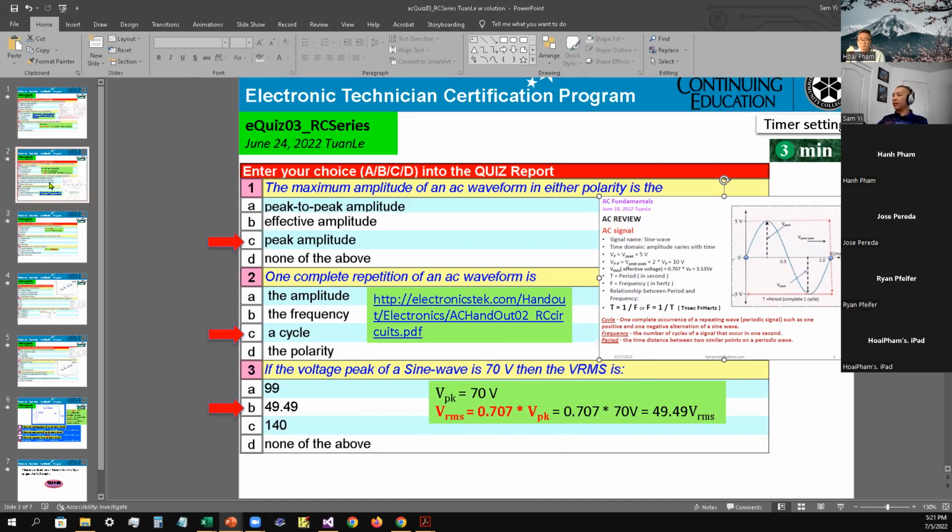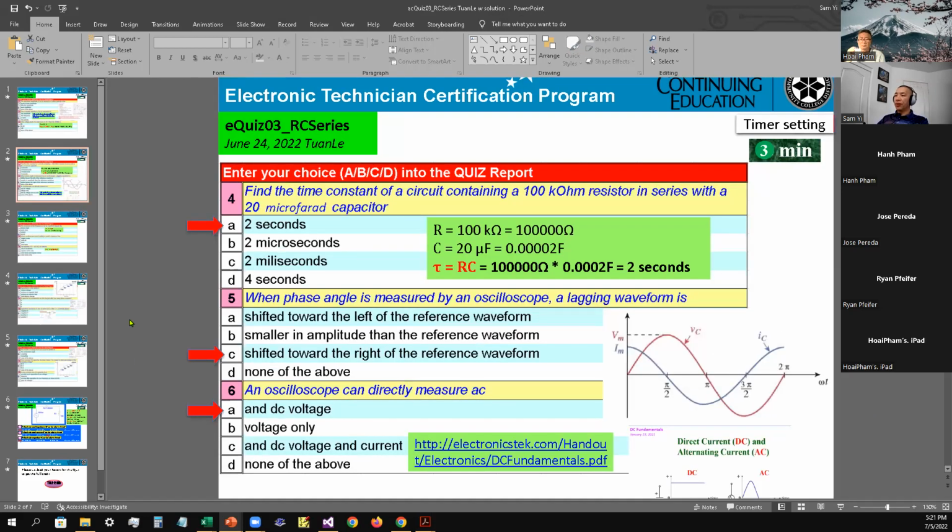Okay, next set. Number 4, the time constant of a circuit containing a 100 kilo ohm resistor in series with a 20 microfarad capacitor. So we want to find the time constant. R is 100 kilo ohm, which is 100,000 ohms, and C is 20 microfarad, same thing as 0.00002 farad.